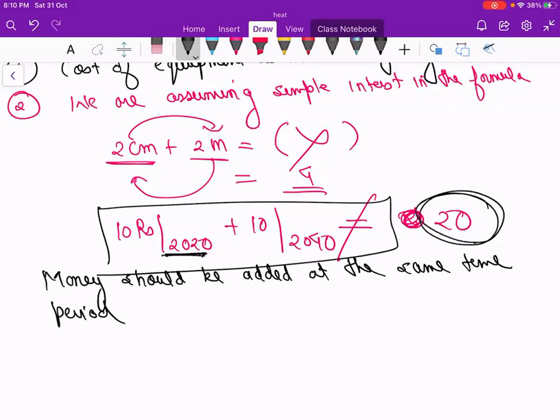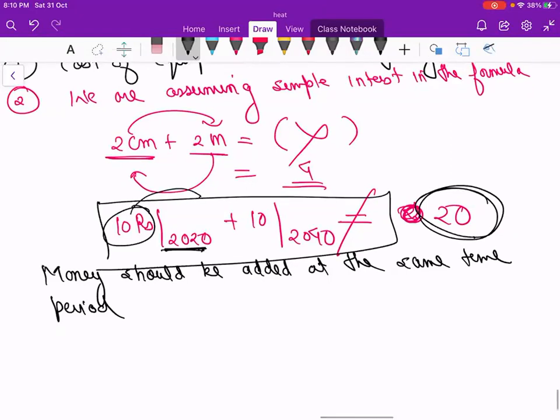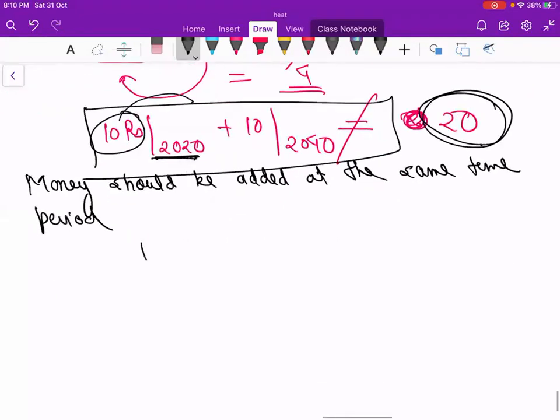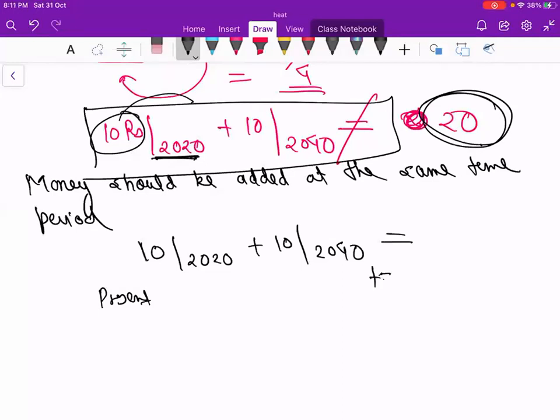What you can do, take this 10 rupees into the future to 2040, or bring that 2040 value to 2020 as present value. You can go from 2020 to 2040 by compound interest, or bring that to 2020. So what will be the actual answer? Tell me fast. If I want to calculate this, present value of 10 of 2020 plus 10 of 2040, what will be the value at time t equals to 0? What will be the value? Tell me.